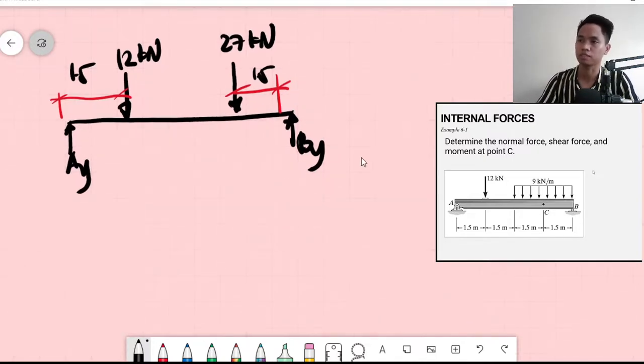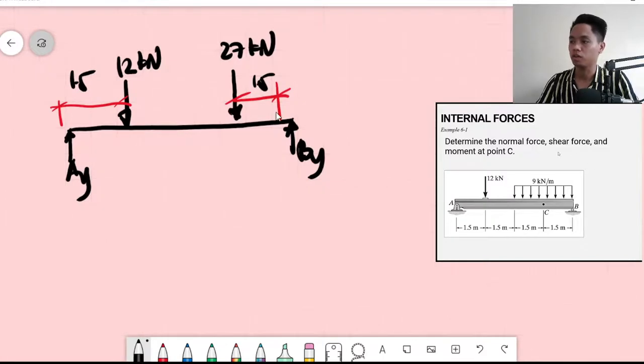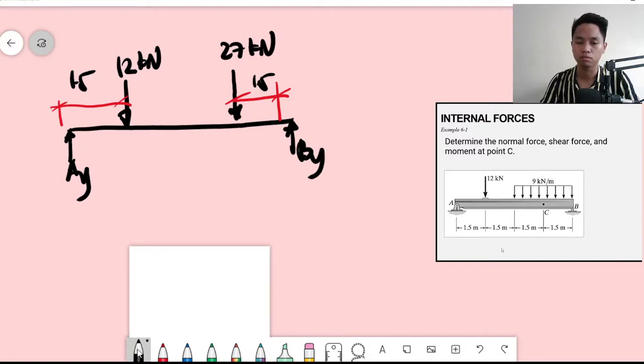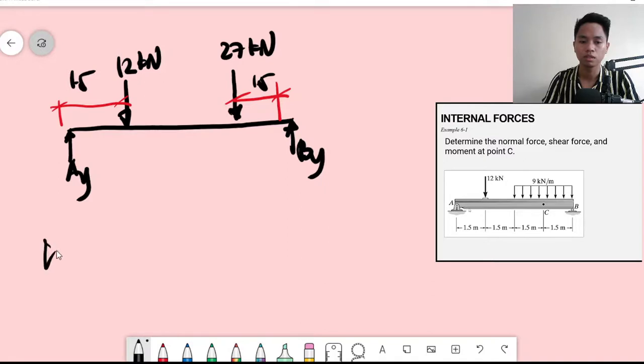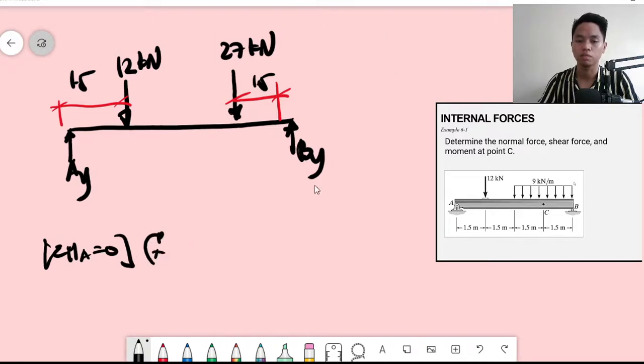Now that we have the forces, we can solve the summation of moments. Summation of moment at A is equal to 0, with clockwise moment positive.